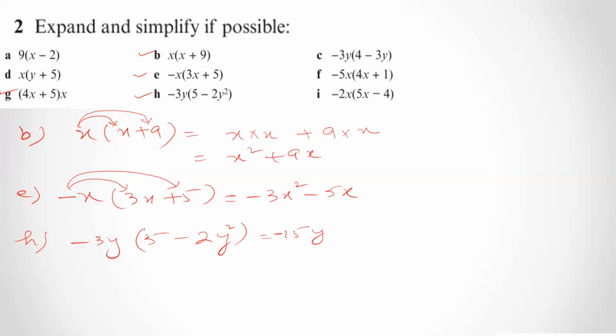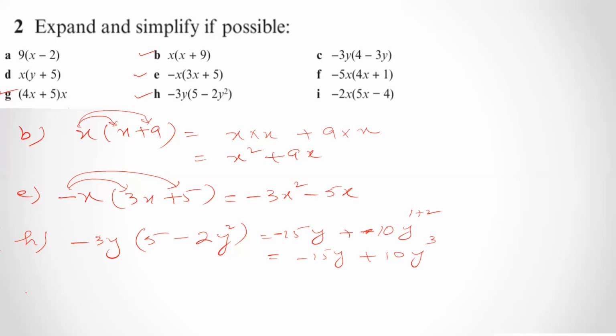Now, minus times minus will become plus, and 3 times 2 will be 6, so 10y to the power 1 plus 2, because y times y we add their powers. So we can rewrite it as negative 15y plus 10y power 3. So this is the simplest form.